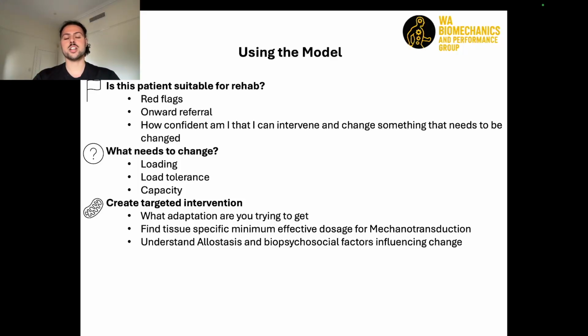But then if we think the person's capacity is probably not so much of an issue, it's always healthy to increase someone's capacity, but what if the main thing we're trying to treat at the moment is load tolerance, because the load tolerance is probably sitting below their capacity? In that case, we get a lot more freedom in how we can dose. I'm treating pain essentially, and we know there are no real answers on how to dose for pain.